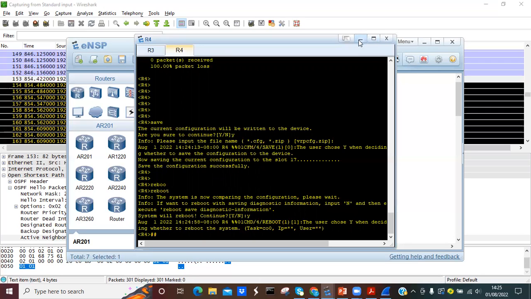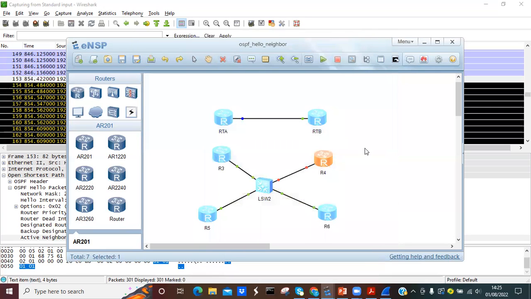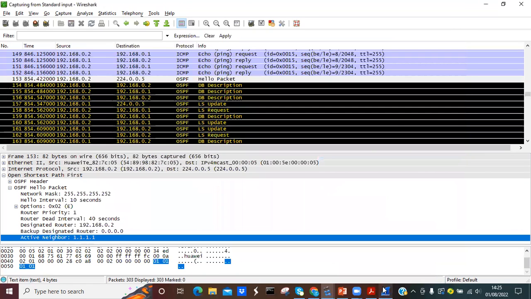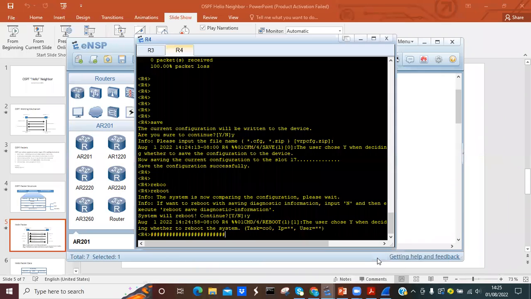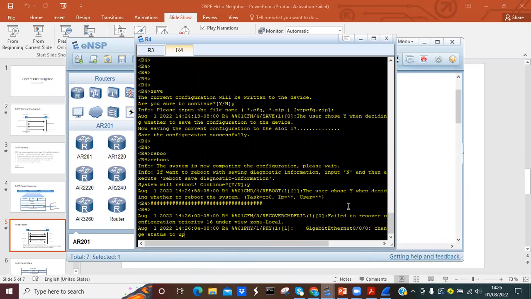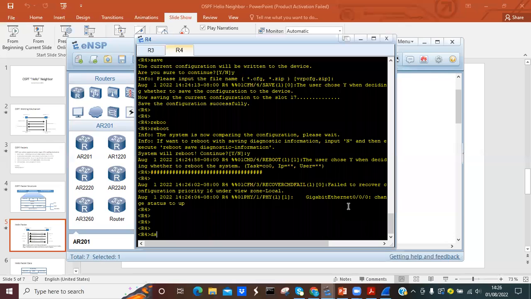Not yet. Not yet, I think there's a problem with that. It should have come up by now. Yes, it's up now. Let's see whether we can have OSPF running.